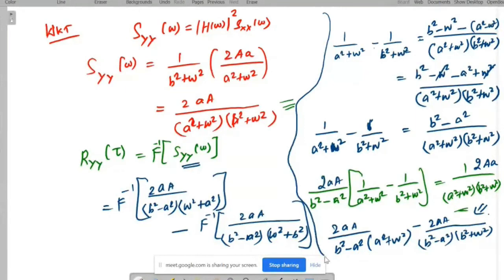Next, now I am going to apply this formula. We know that F inverse of 2a by a square plus omega square equals e power minus a modulus tau.